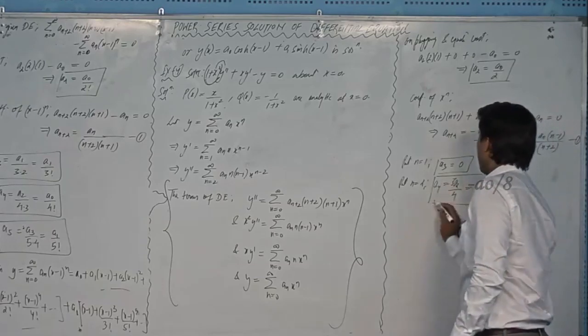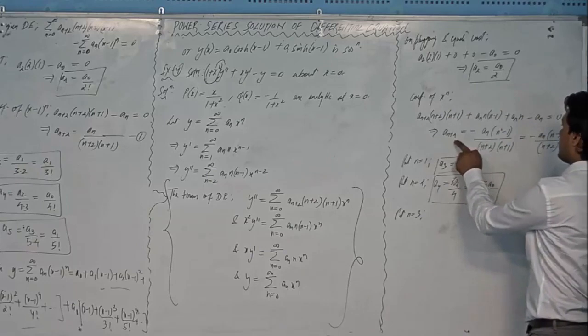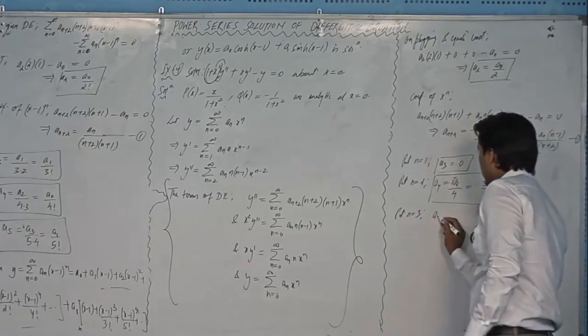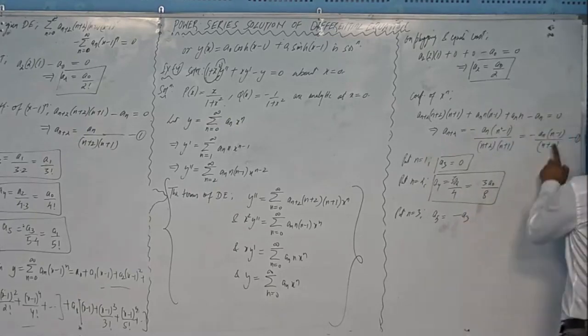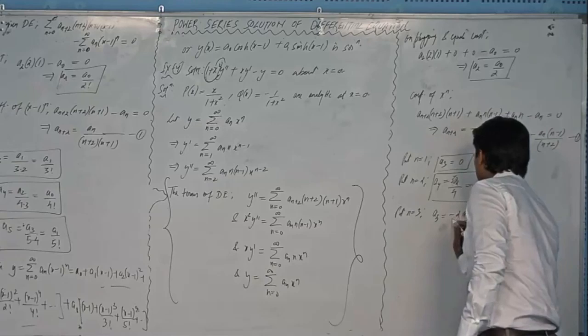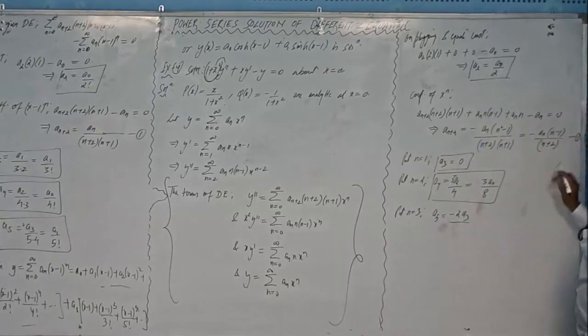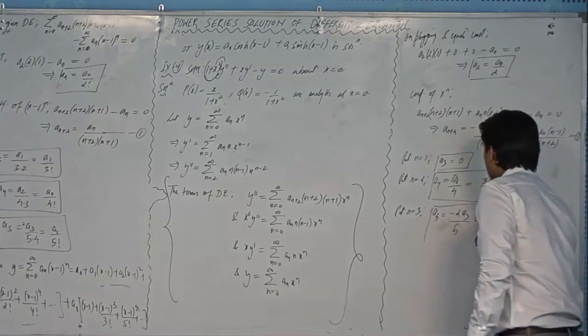This is a4. Now putting n equal to 3, this is a5, and this will become minus a3 times 3 minus 1, 2, over 3 plus 2, 5, and the value of a3 is 0, so ultimately it will go to 0, right?